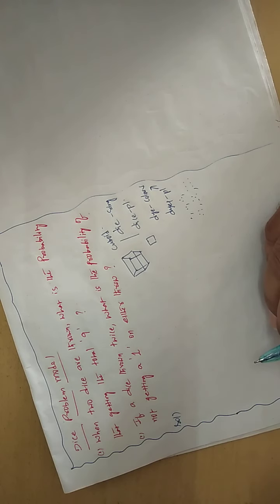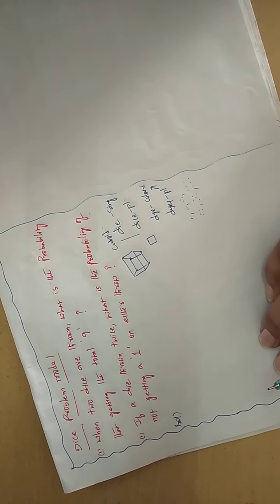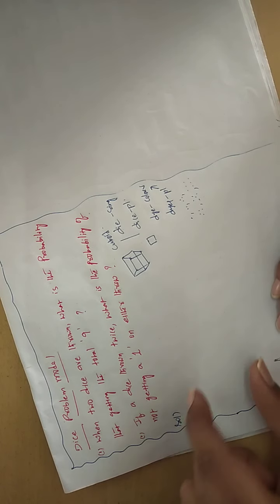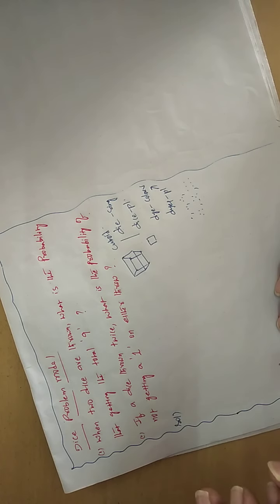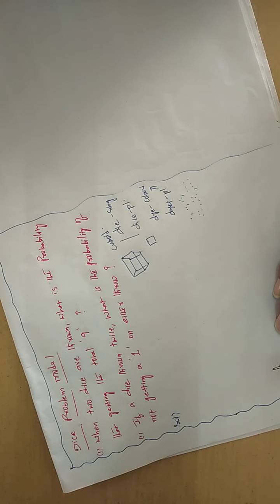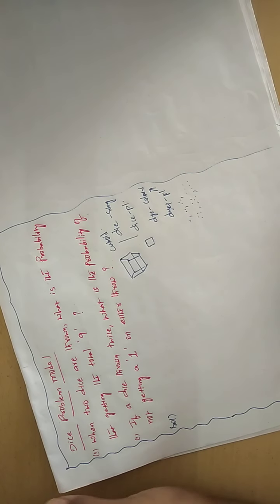Not only here, for any probability problem, the sample space is important. But remember that for every problem, the sample space cannot be shown on paper. Sometimes you have to imagine the sample space in your mind. From that sample space, you identify the m value as well as the n value. To find the m and n values, we make use of permutations and combinations, which we discussed in the last class.